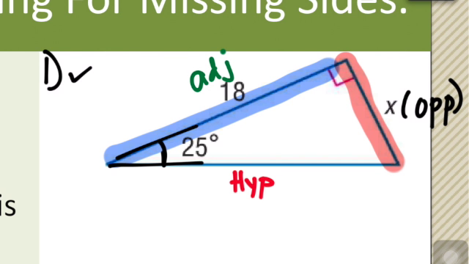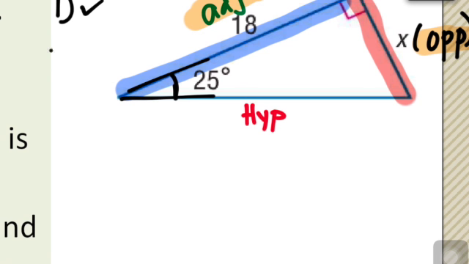So in terms of our trig functions, we're looking for a trig function that has the opposite side and an adjacent side. So of course we go back to SOHCAHTOA. All right, so my step 2 is done.